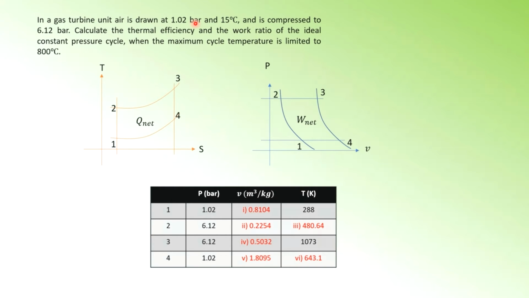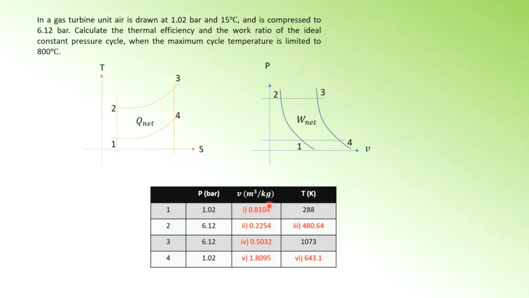Otherwise, I put volume here as a specific volume in meter cube per kg. So at state point 1, since no mass is given or asked for, we can straight away use the ideal gas law of PV equals RT, not PV equals mRT.